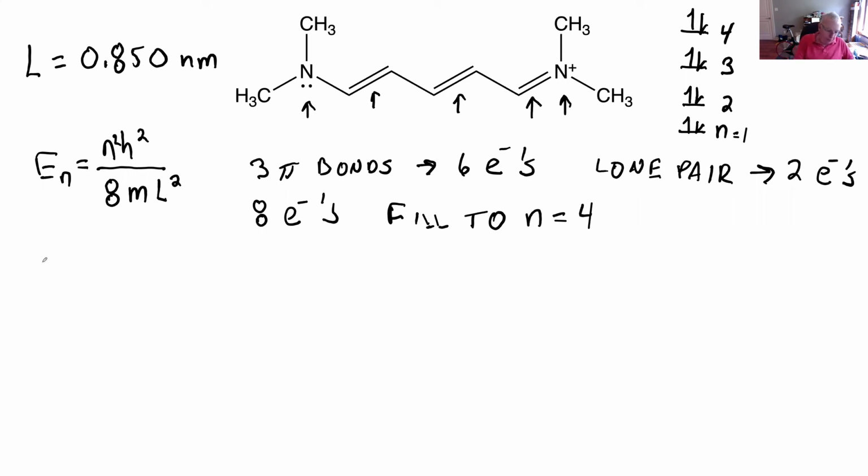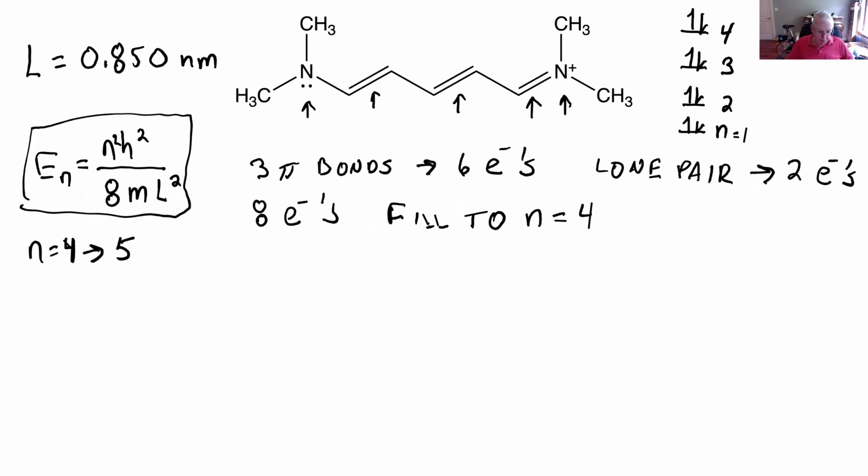So I want to go from n equals 4 to n equals 5. I seem to struggle writing 4s with this pen. So that's the transition that I want to find, right? My delta E, if I go back to my energy equation here, right? The only thing that changes between the two cases is the n squared piece, right?